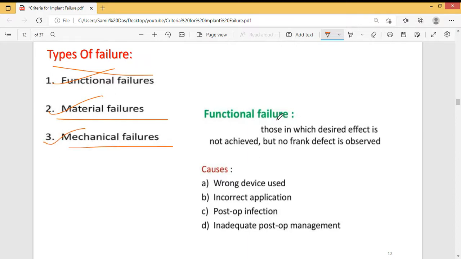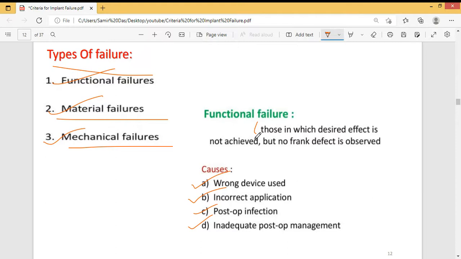In the case of functional failure, those are cases in which the desired effect is not achieved, but no frank defect is observed. Causes include wrong device used, incorrect application, post-op infection, and inadequate post-op management.